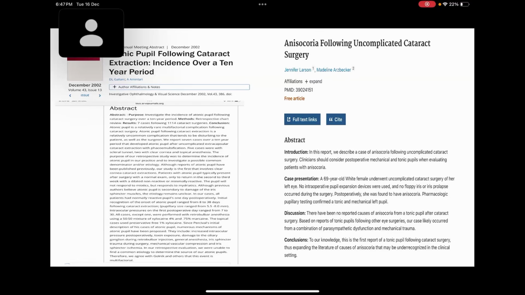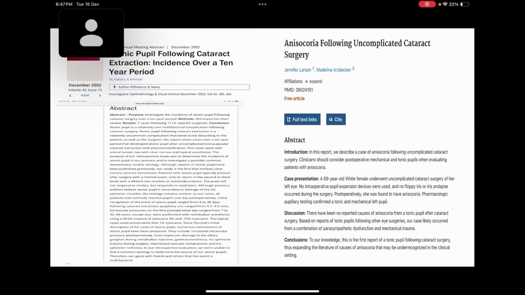Then there was another report, by Larson et al., where anisocoria developed following an uncomplicated cataract surgery. It was in a 69-year-old white female where no intraoperative pupil expansion devices were used, and no floppy iris or iris prolapse was identified. Everybody on post-operative day one was all okay.